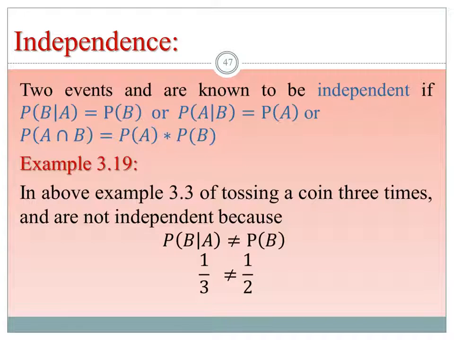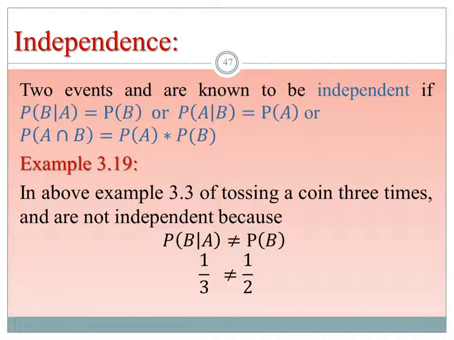Next, independence. In some situations independence is also useful. Two events A and B are independent if probability of B given A equals probability of B. That means there is no relationship between the occurrence of event A and the occurrence of event B, so they are separate events.